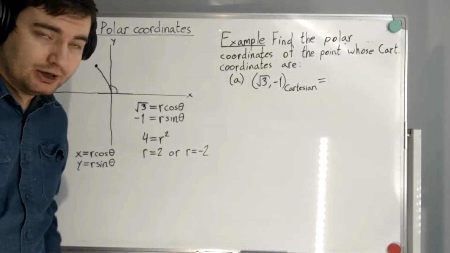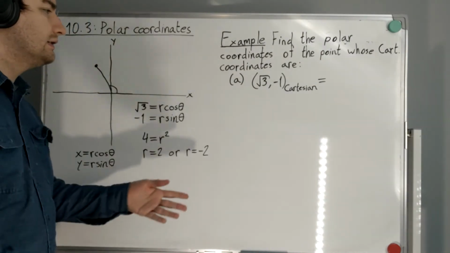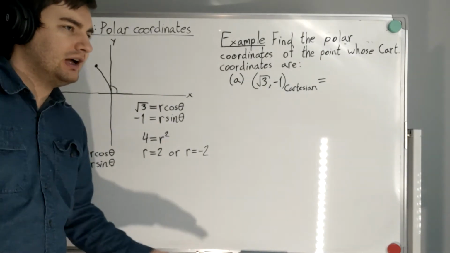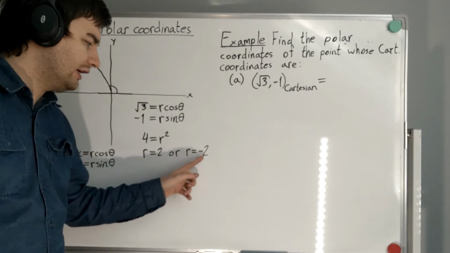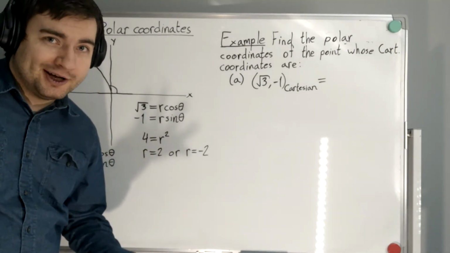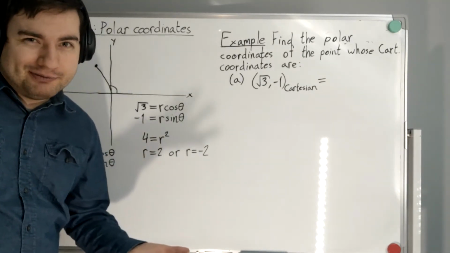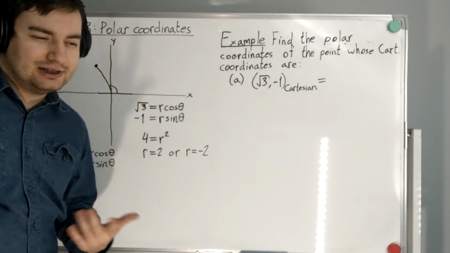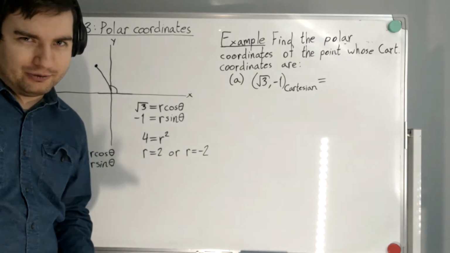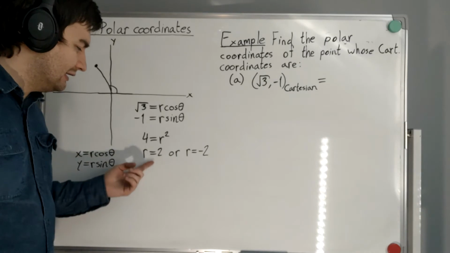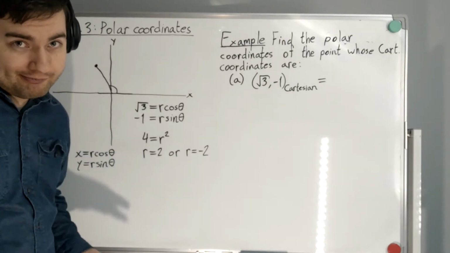Now, once again, it is possible for us to say that r is negative, but it's a little weird because that's kind of a roundabout notation for what you're trying to say. It makes more sense to just say r is 2.